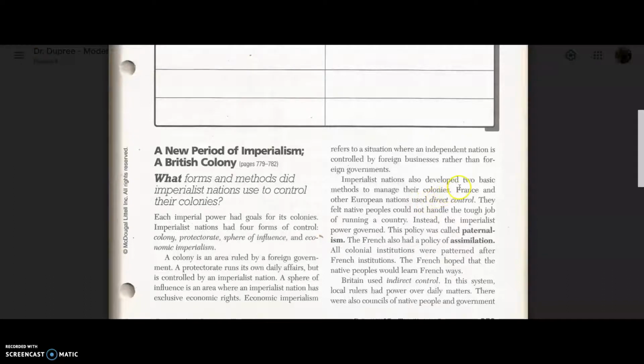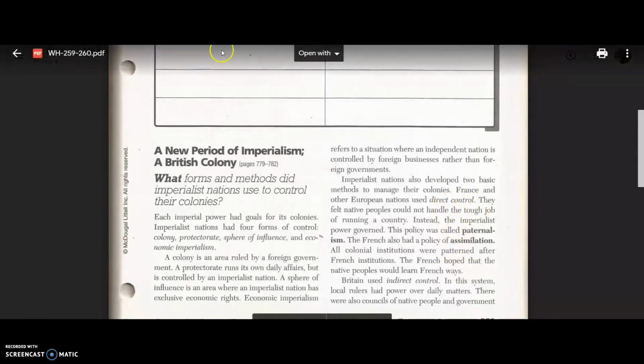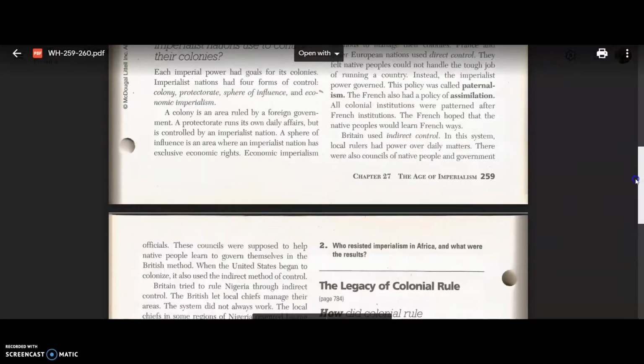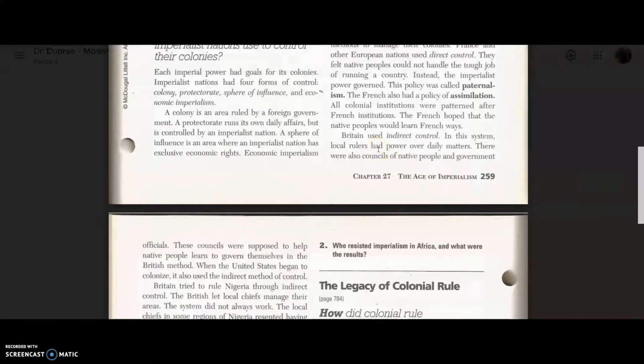So this was the method used by France and other European nations, mostly Germany, to control the colonies. And you're going to want to read this paragraph here and come up with 3 details about direct control. The British were much more involved than the Americans, but the Americans did have some imperialistic goals.